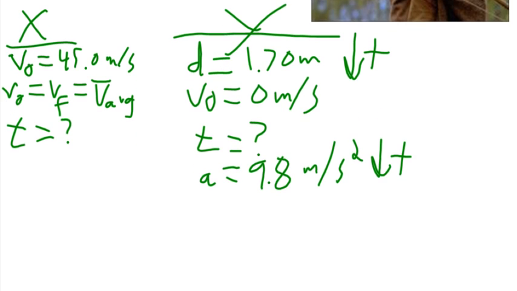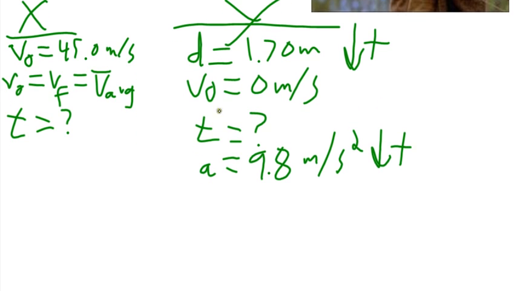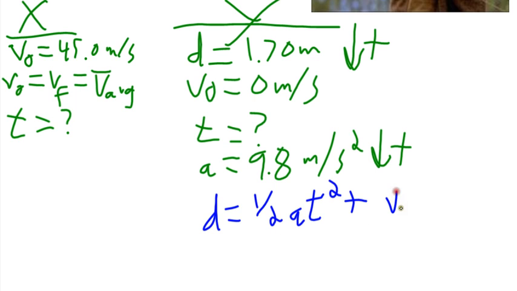And so if you look at the variables here, we are missing our vf, which tells us which equation we need to use. So in this case, we need to use d is equal to 1/2 a t squared plus v naught t. Now we know what our v naught is. It's 0, so this term goes away because that's going to be 0.